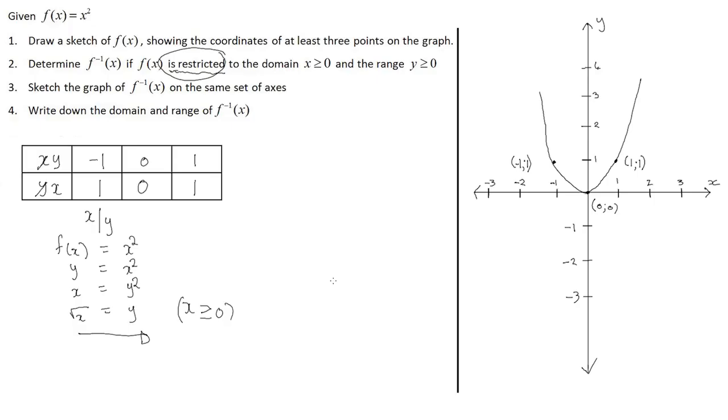Now be very careful with your very first coordinates. Remember there's a restriction, and the restriction says that x is greater than or equal to 0. So we're going to leave out the very first coordinates, and start plotting from 0. In the second, y is equal to 0 and x is equal to 0.